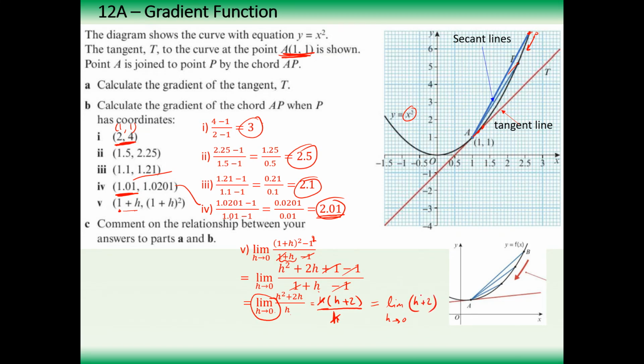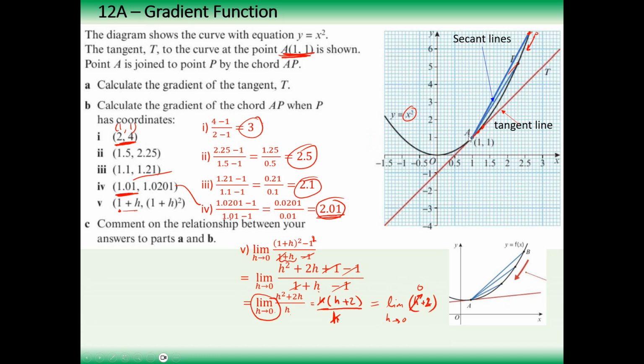In this expression we are allowed to substitute, thinking h approaches 0, and we remain with a 2. So the gradient at point 1 is 2. Sorry, this is not a function, this is still just the gradient at point A.